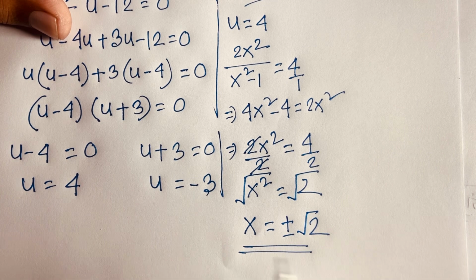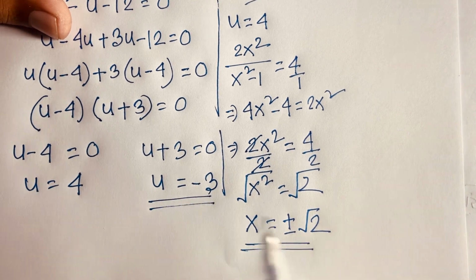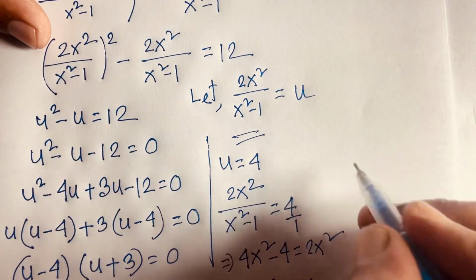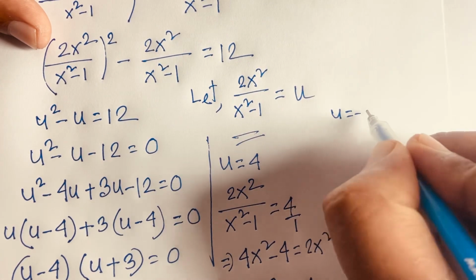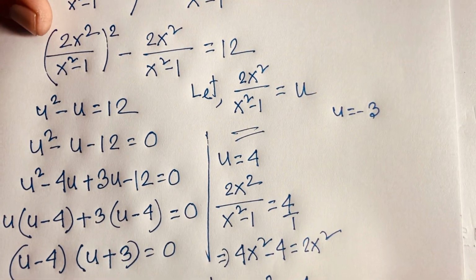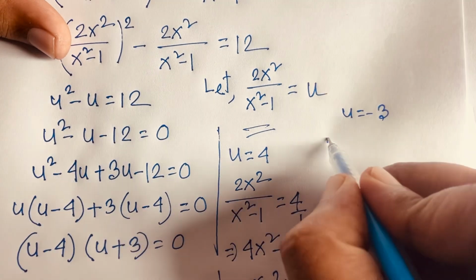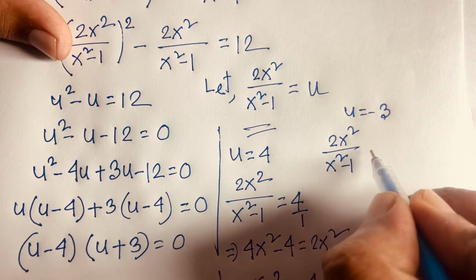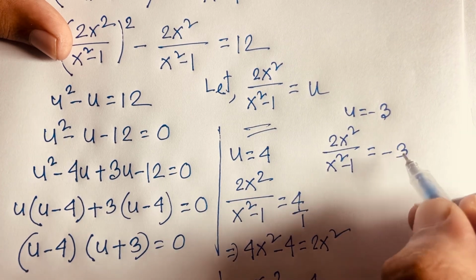And again, our other case, u = −3. So 2x²/(x²−1) = −3.